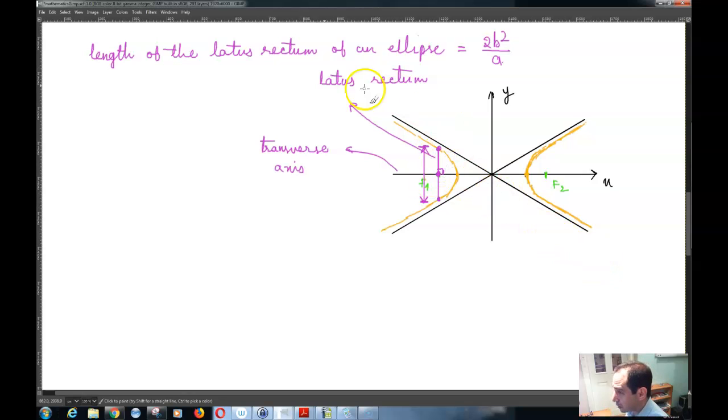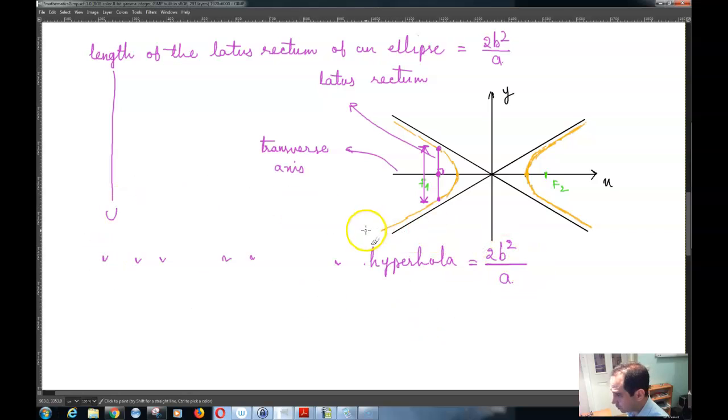And as it turns out, the length of the Latus Rectum of a hyperbola is also the same thing, 2b squared by a. That's the same thing basically. So that's basically that.